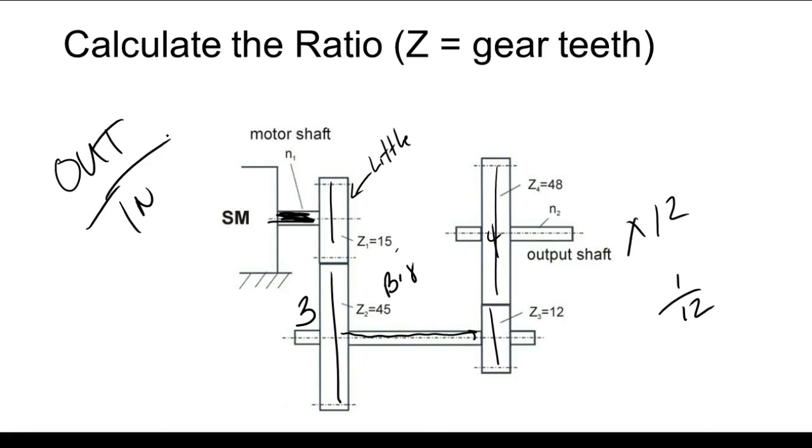So if my input over here is running at 1200 RPM, then I would come over here and say 1200 divided by 12. So what's the output going to be running at? It's going to be running at 100 revolutions per minute, right? You understand that? Yes or no? Oh, I'm sorry, 1,200. Yeah, 100 revolutions per minute.